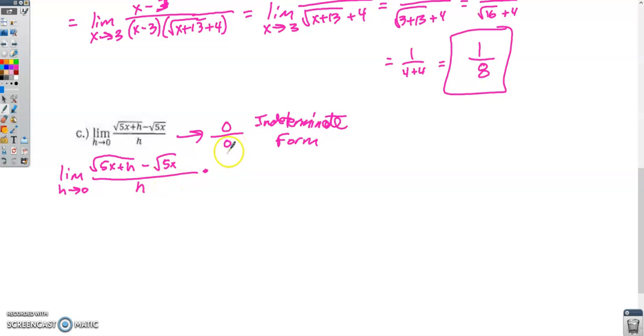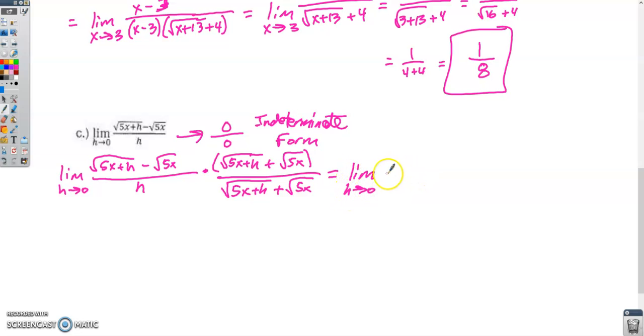And so I'm going to multiply the numerator by square root of 5x plus h plus square root of 5x. And same thing for the denominator. And then I'm going to go ahead and simplify this.